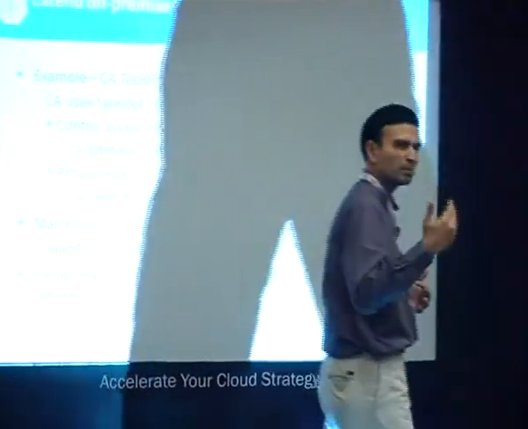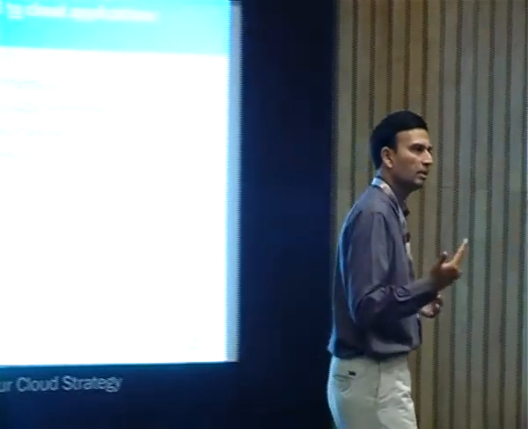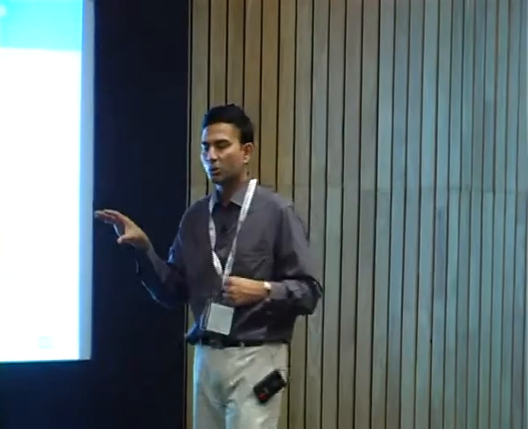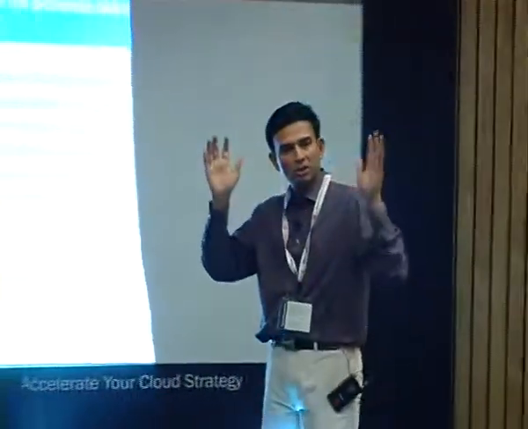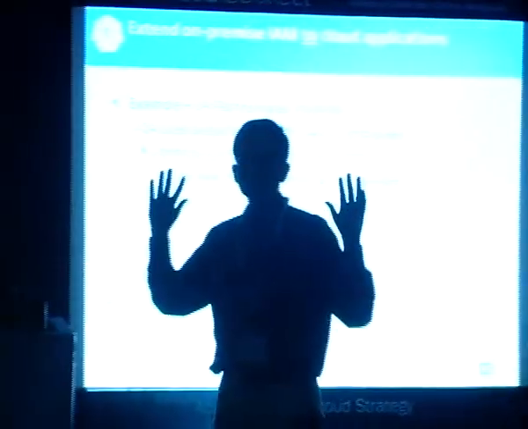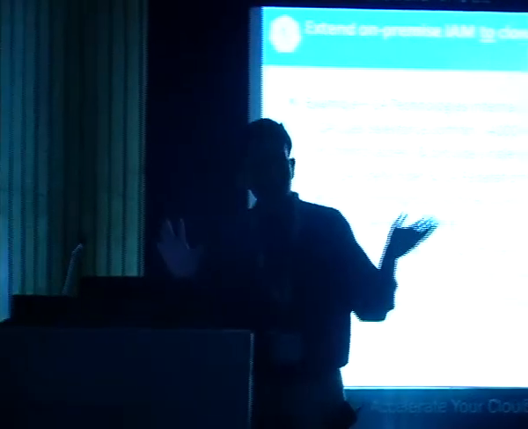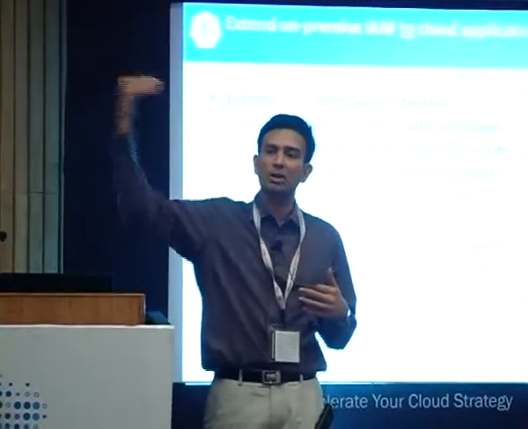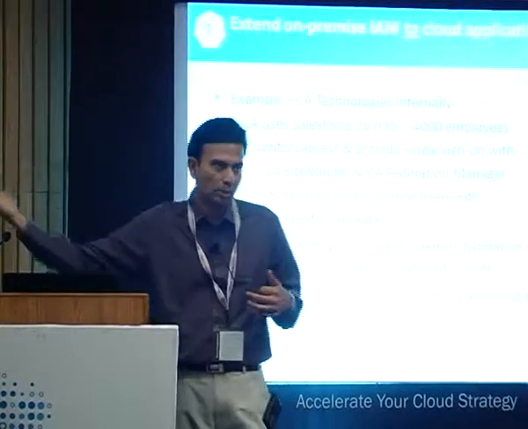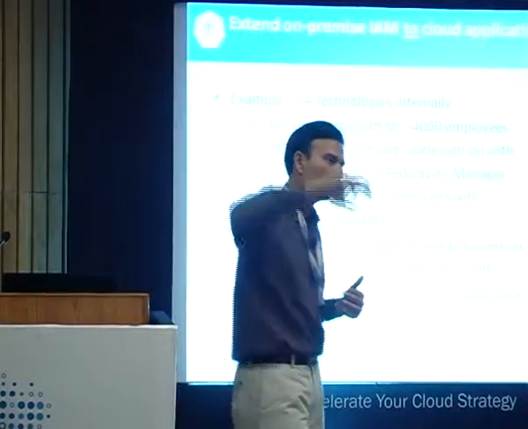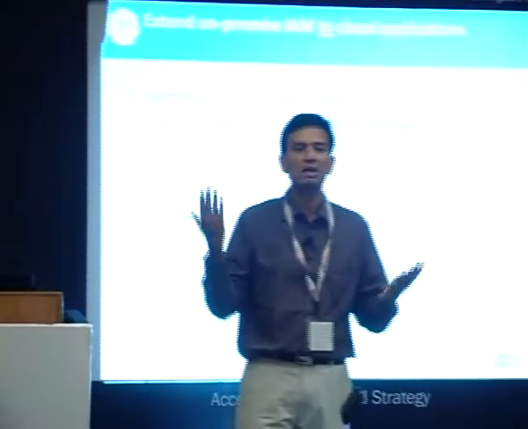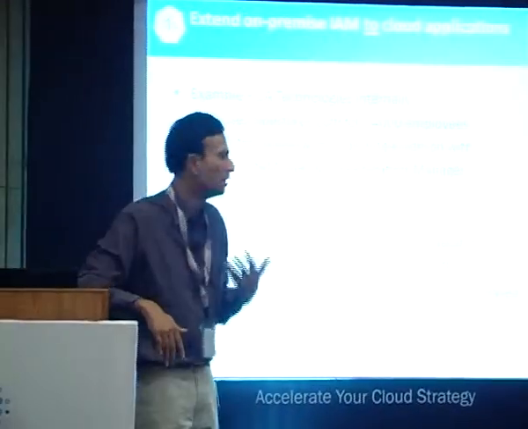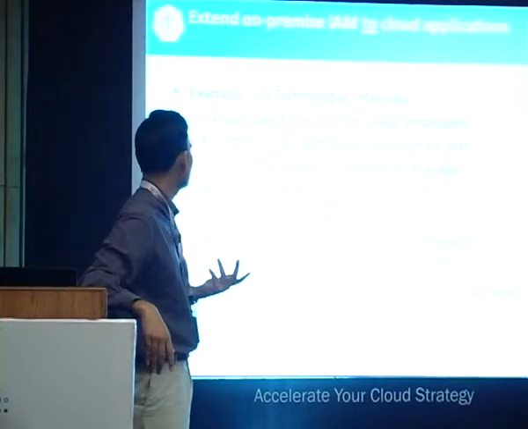You're all familiar with terms like single sign-on, federation, right? Single sign-on, one ID and password gets me access to all the apps. Federation means two companies trust each other's authentication data. If I sign on to one organization, I can then, without another sign-on, be processed into another organization's user repository based on the trust that is established between the two organizations, right? These are all terms that we use in the IAM space, right?